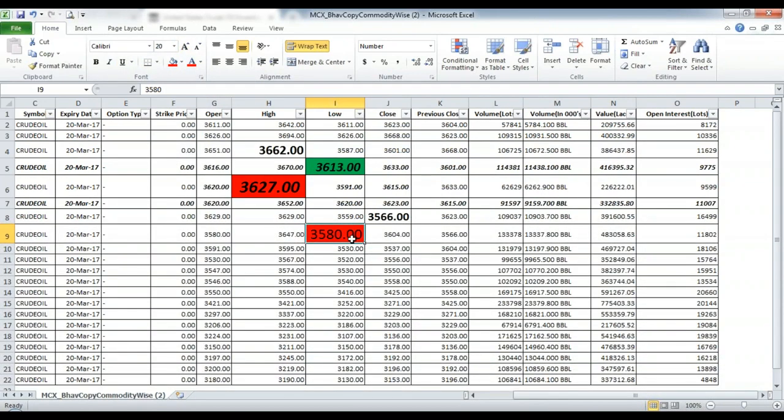So if I mark this as red, will it be wrong? That this became the resistance now. 3580, because on this day it opened above 3595 and it straight away broke 3580 and it closed below. So it broke this, right? Like this.